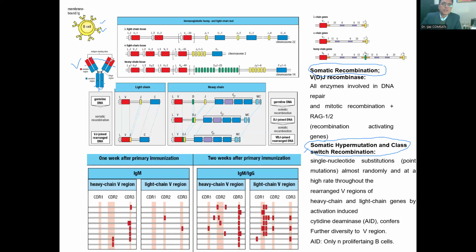The red boxes are for the variable regions that are found in the light chain as well as in the heavy chain. Both the light chain and heavy chains have these red variable regions.